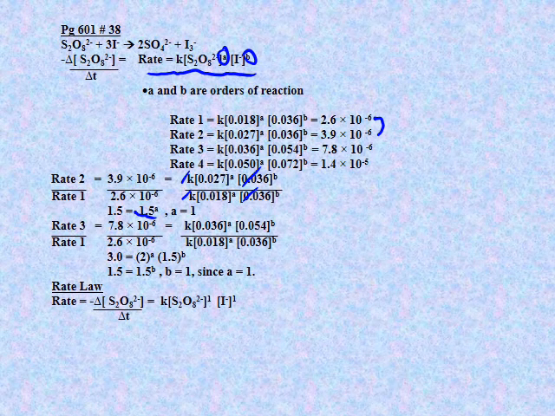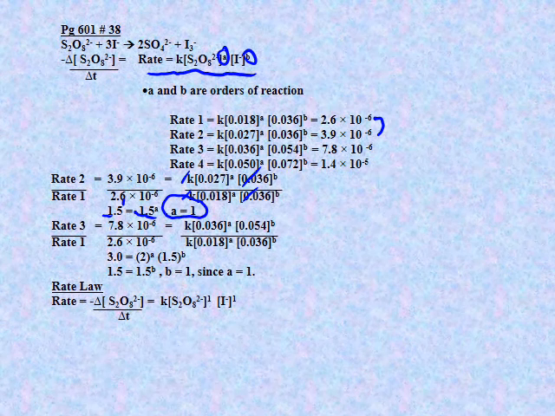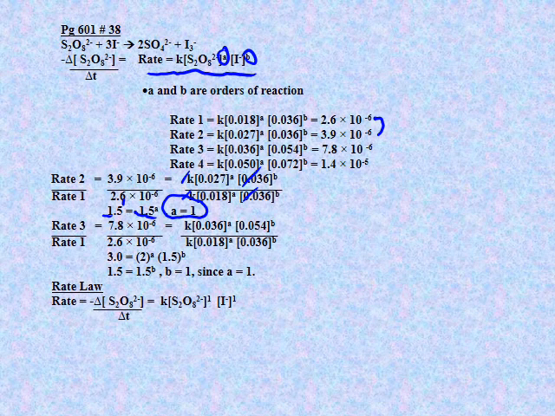And on the left hand side, because we divided these two numbers, 3.9 by 2.6, we get 1.5. 1.5 raised to the power 1 is 1.5. So obviously a equals 1, and that's how we got a equals 1. The order with respect to S2O8 is 1, or first order reaction.